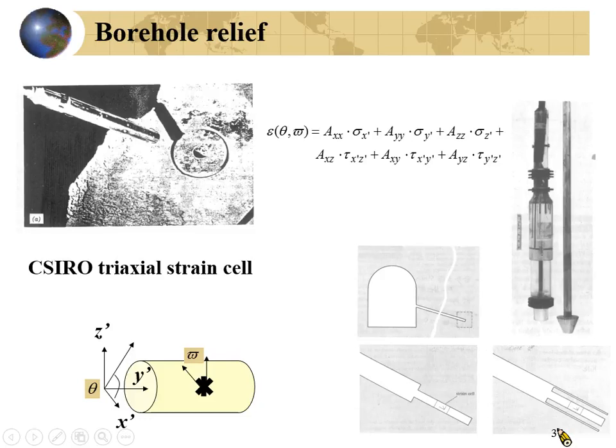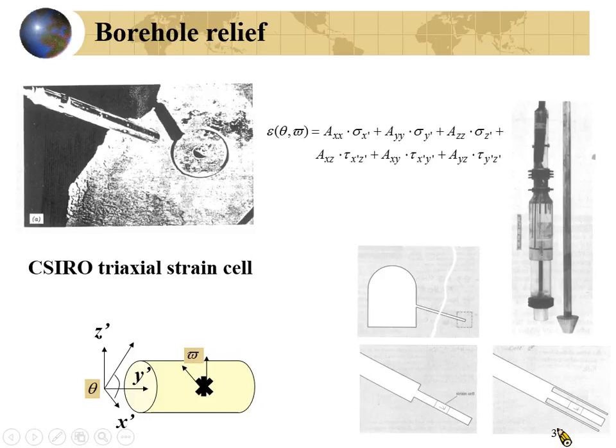So you will have, I don't remember, it will be theta. Yes, it will be theta. So you will have a strain rosette here. Theta may be equal to, if this is 0, 90, 118, 270, and this could be 320, something like that.